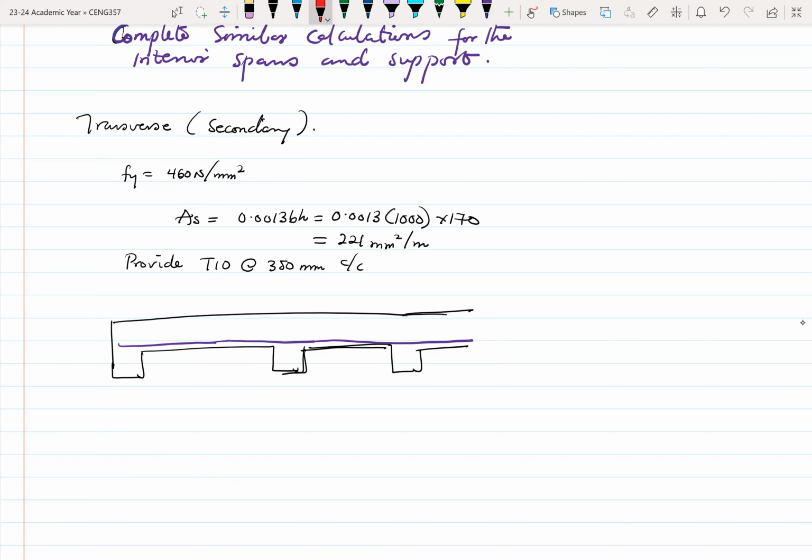Here, what we had earlier was T10 at 200 from our calculations. If you calculate the one in the interior span, you would end up with maybe T10 at 250. The first interior span is T10 at 250, and the other interior span is also T10 at 250. So try and do the calculations, and then let's see how things end up.